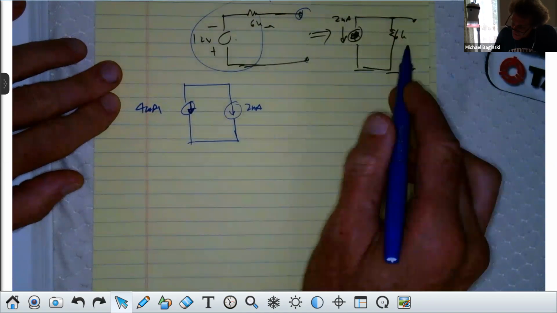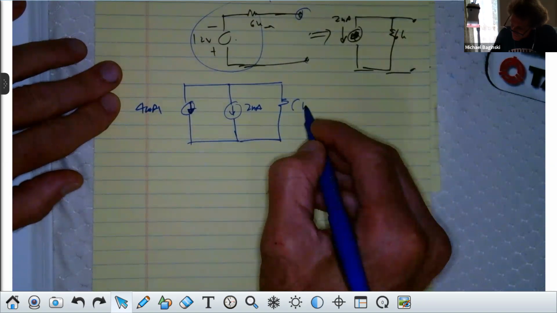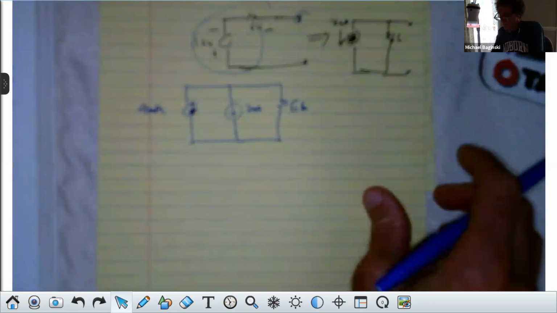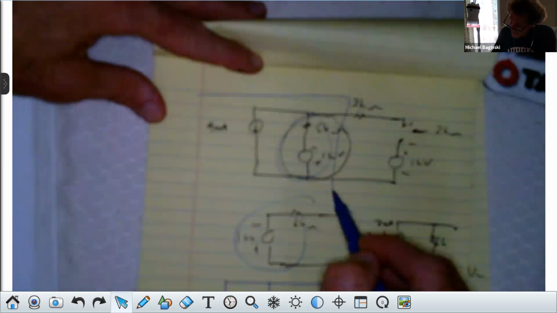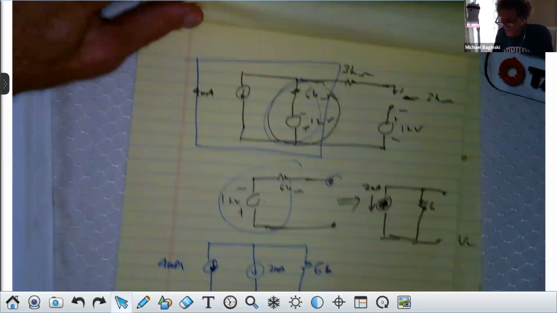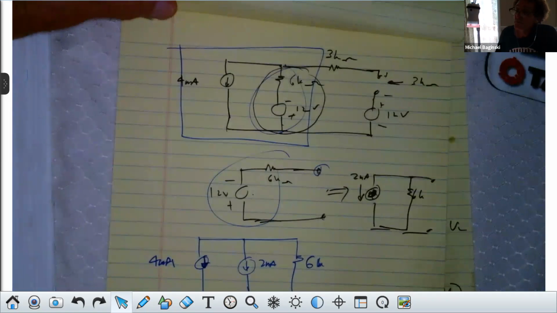Then I'm going to put in the 6K. And now I want you to notice that I've basically transformed those 3 elements on top that I've circled in blue. Do you agree with me, class? Please take a good look. Do y'all agree with that? Yes.